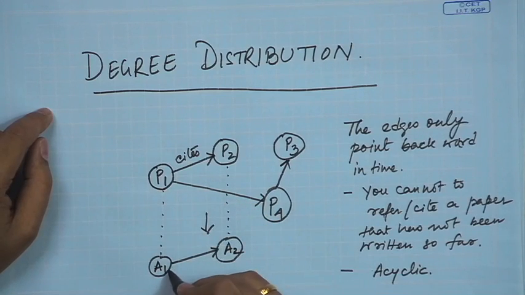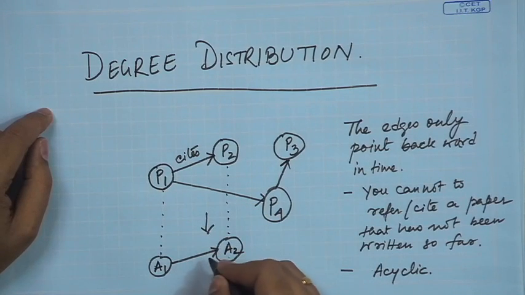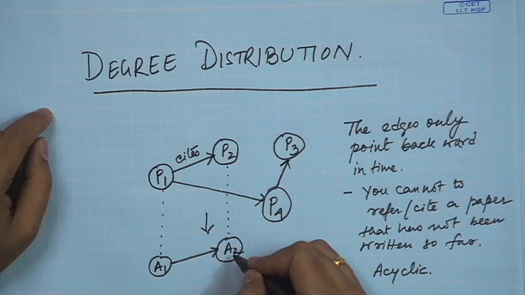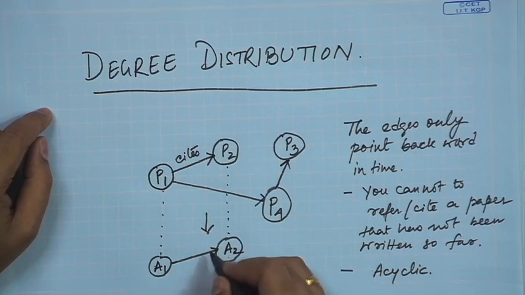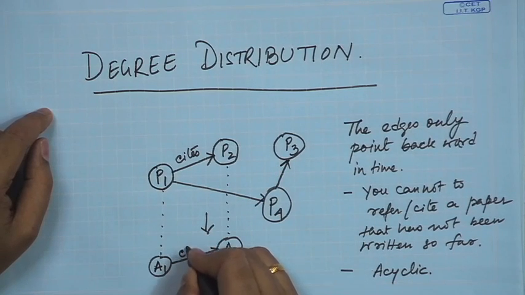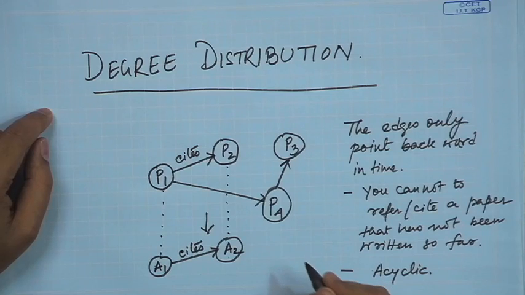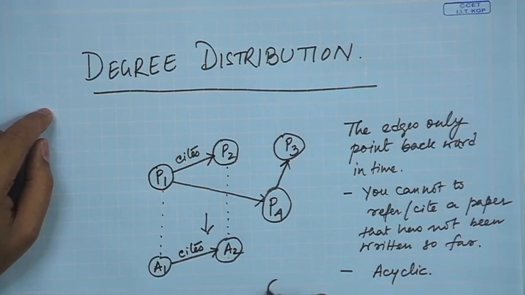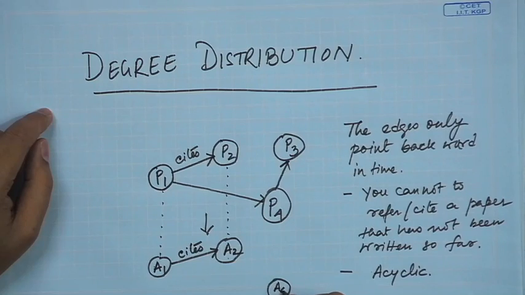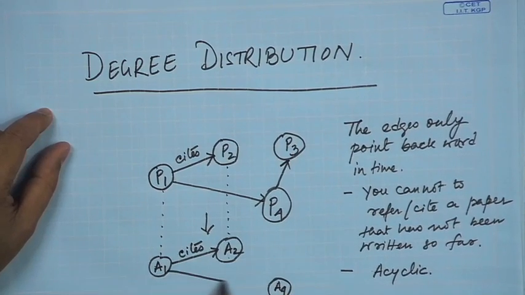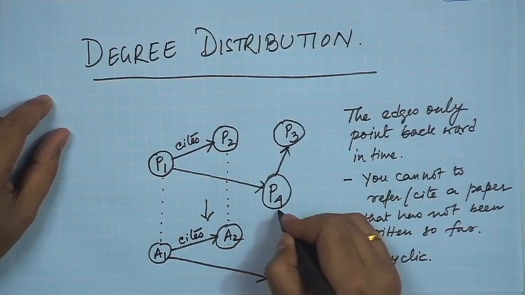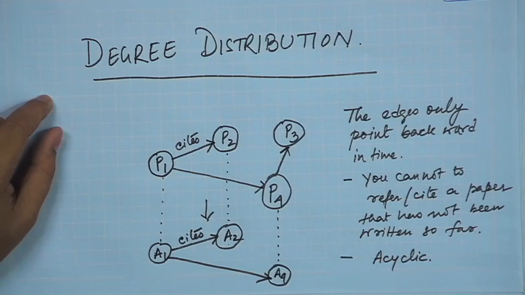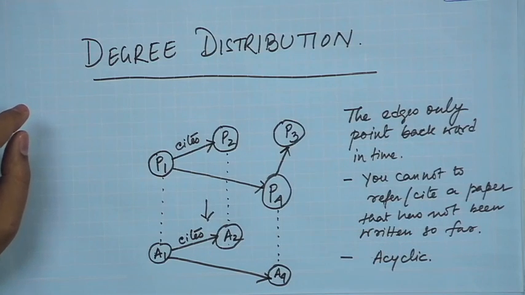So, say author A1 has written a paper P1 and author A2 has written a paper P2. Then A1 cites A2 in the author citation network, and similarly say there is some author A4 whom A1 also cites because P4 has been written by A4.